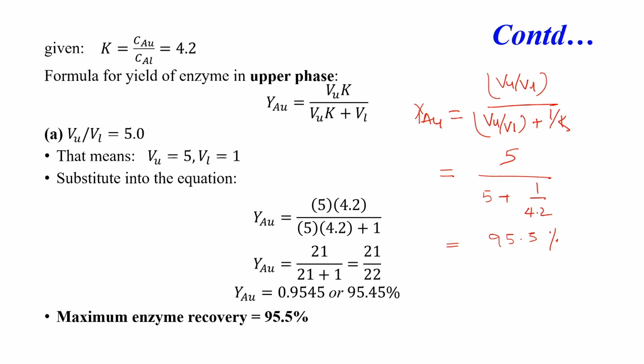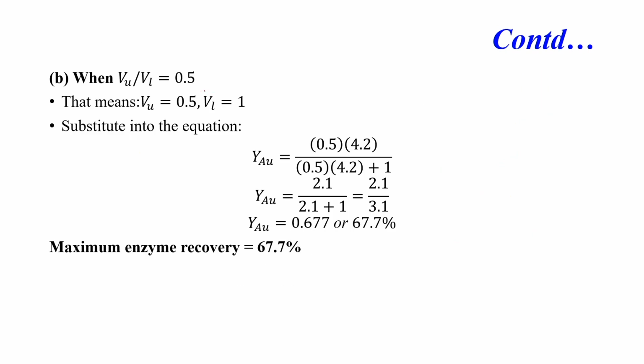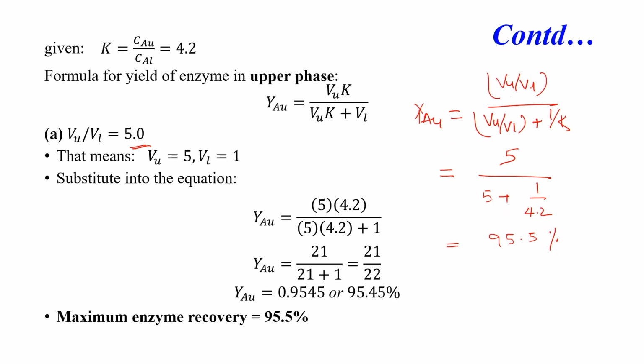And if you do the same calculation with the ratio of 0.5, YAU will be 0.5 divided by 0.5 plus 1 upon 4.2, and this results in 67.7%. So, what it says is that you need to use more solvent to achieve a better extraction efficiency.